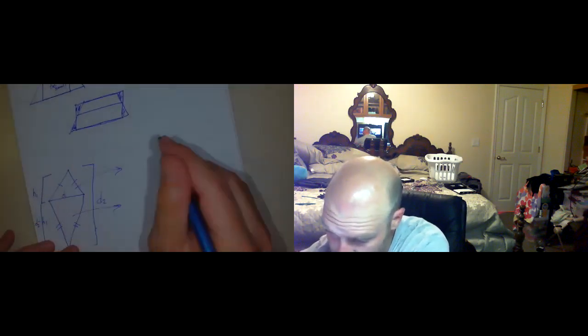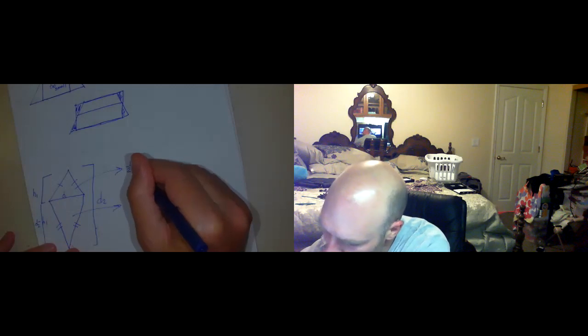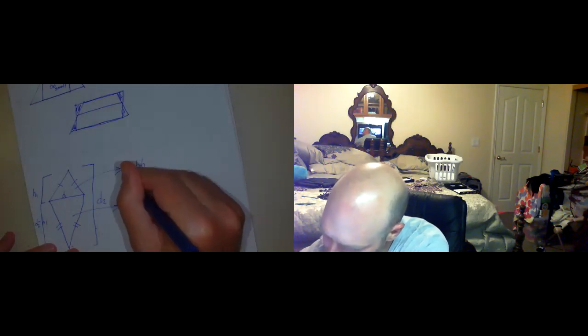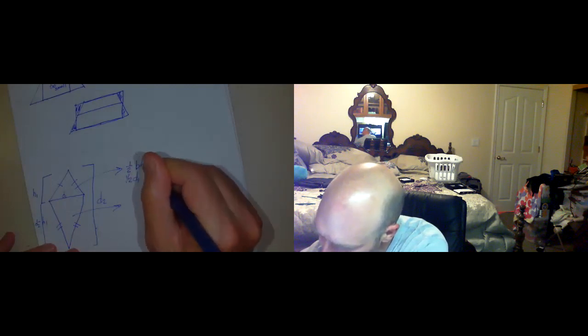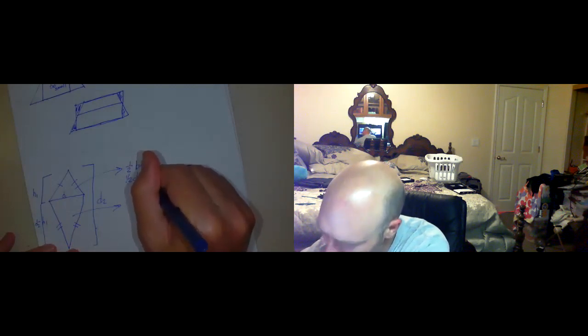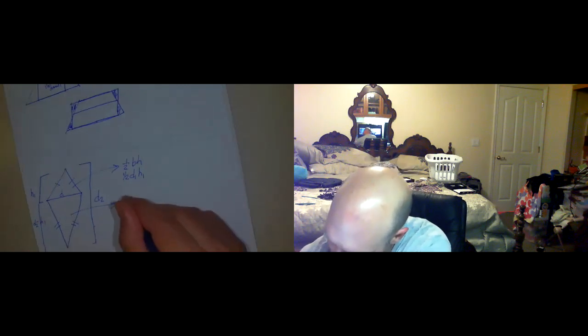The area of this one, it is a triangle. It is base times height divided by 2, or 1/2 base times height. 1/2 is 1/2. The base is diagonal 1, and the height is that height 1. This one, area is 1/2 base times height again. 1/2 is 1/2.